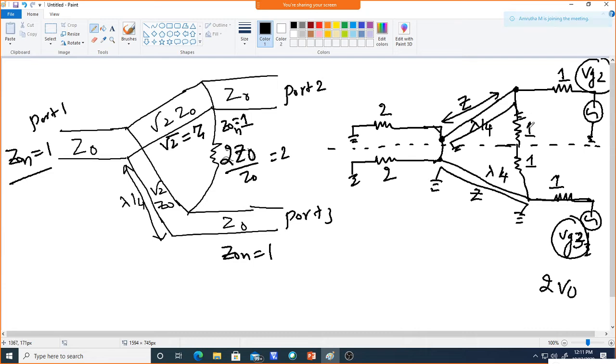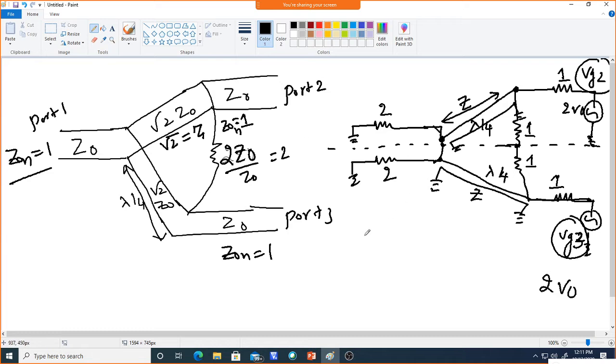Since it is symmetric and the same voltage is applied here, in exactly half of the portion, these points will become open circuit. So if the applied voltage at port 2 and port 3 is the same, because of the symmetry, these points will become open circuit.